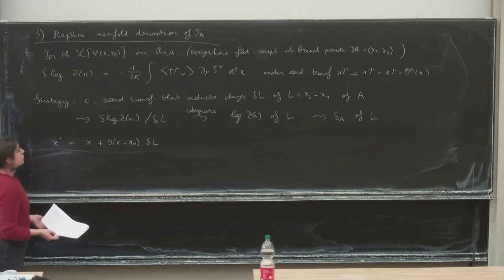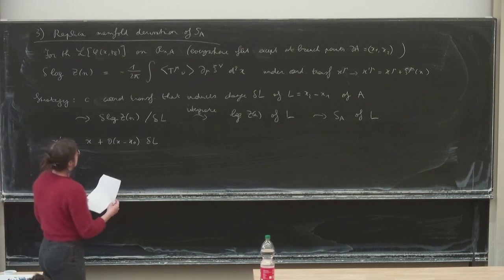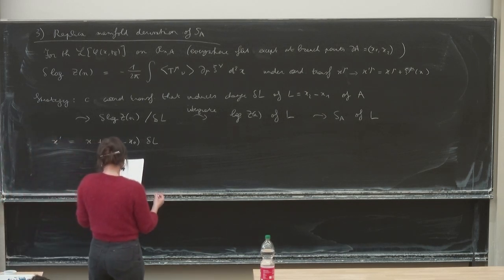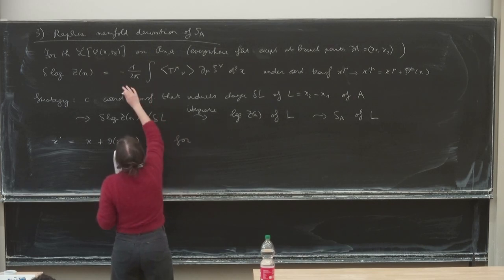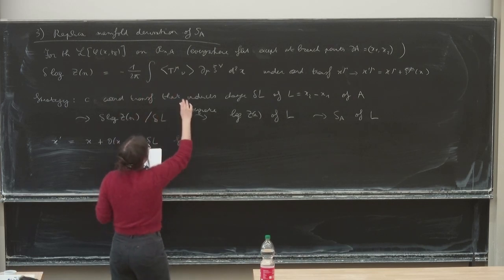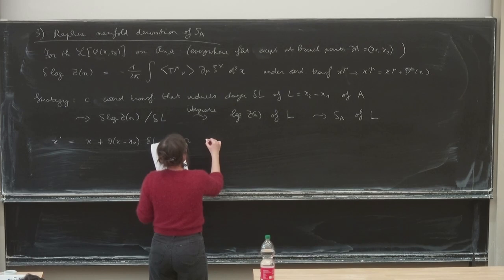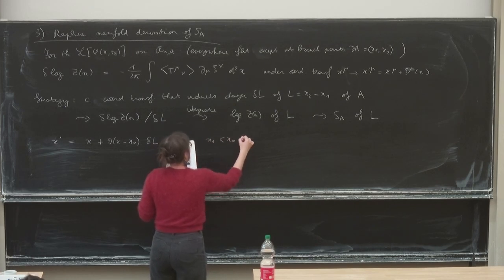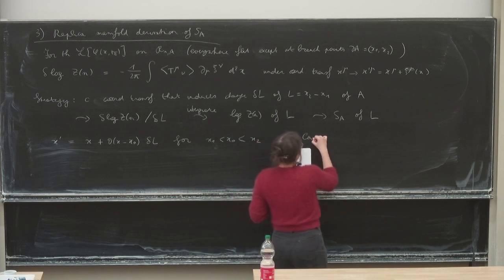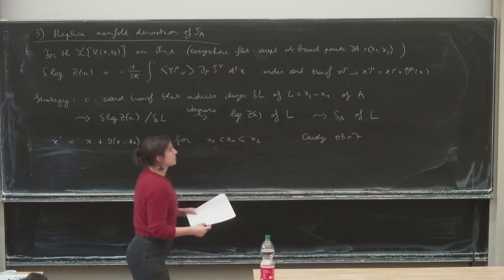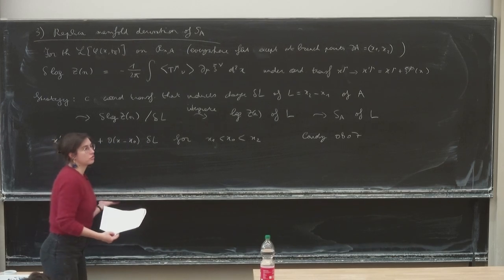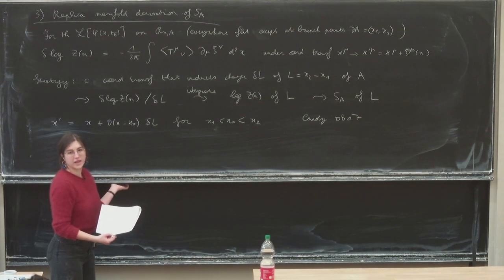But I'm going to use a non-conformal transformation, because this top line here is for any coordinate transformation, okay? So here I'm following a paper by Calabrese and Cardy from 2007. It's called CFT and Statistical Mechanics, I think.